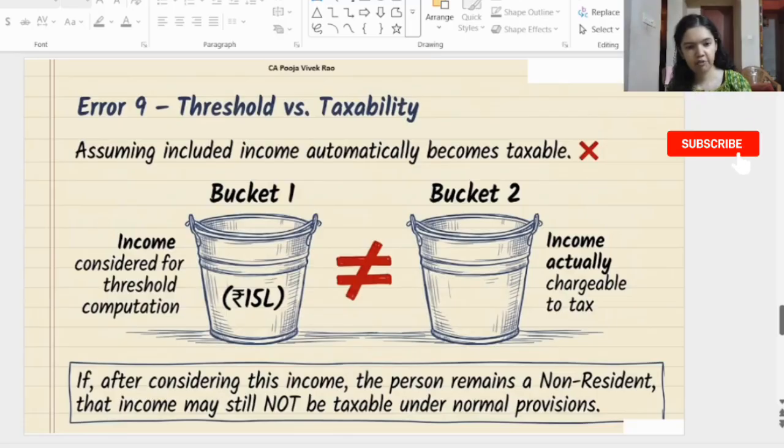So if even after considering this income, the person continues to remain a non-resident, that income may still not be taxable according to normal provisions. So you should learn to clearly distinguish between income considered for threshold computation and income actually chargeable to tax.